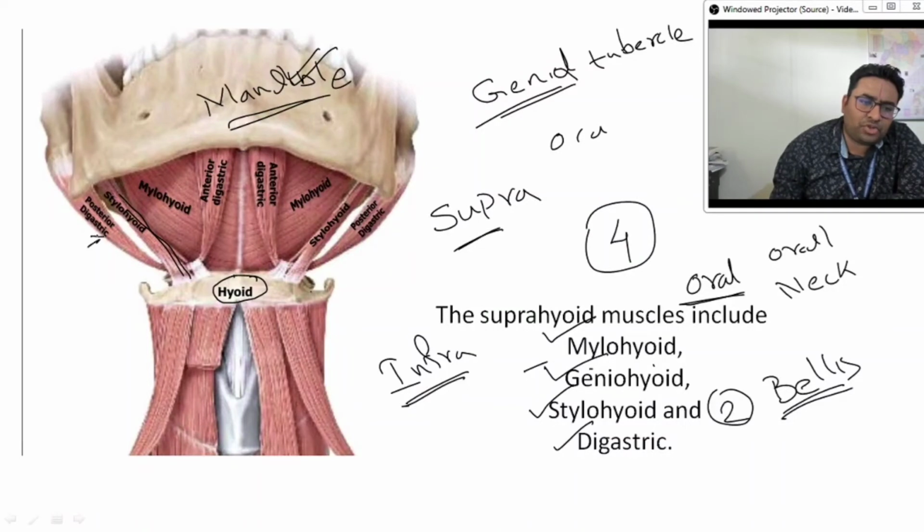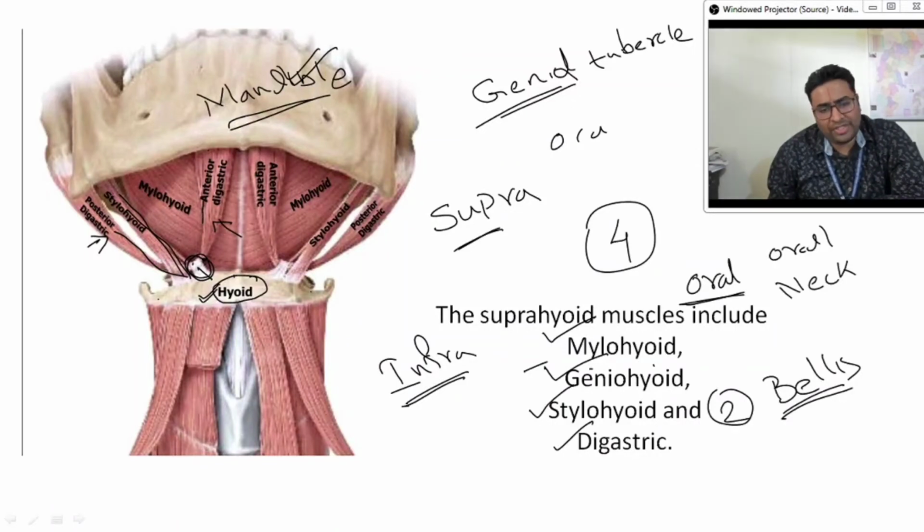This is the posterior digastric and this is the anterior part of the digastric muscle. The posterior and anterior are connected together with a tendon which is related with the hyoid bone. From the posterior aspect the posterior digastric is coming, and the anterior digastric is going towards the mandible. So the four suprahyoid muscles are mylohyoid, geniohyoid, stylohyoid and digastric.